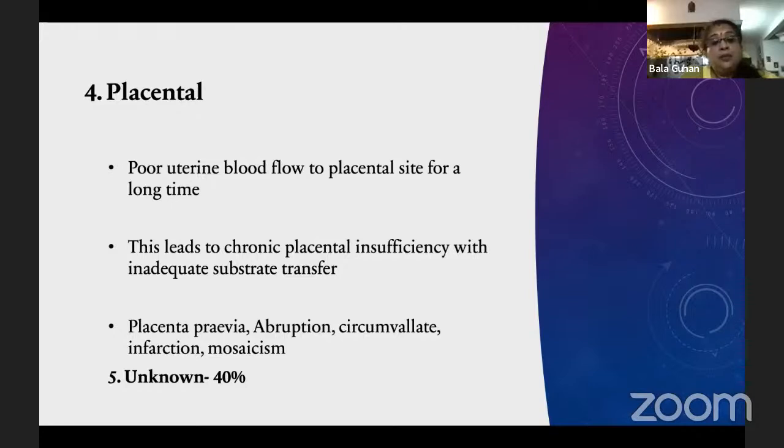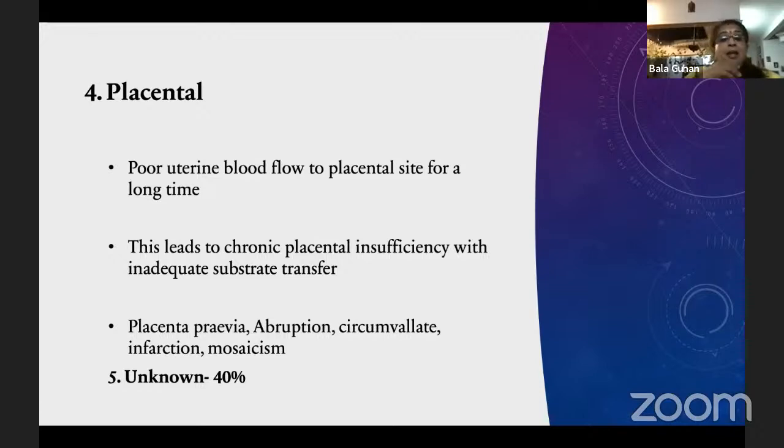In cases of placenta previa, abruption, circumvallate placenta, infarction and mosaicism, there is reduced flow, and hence transfer of adequate amounts of nutrients and oxygenation does not occur in such cases.